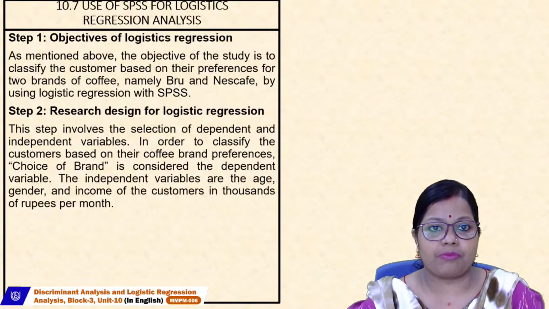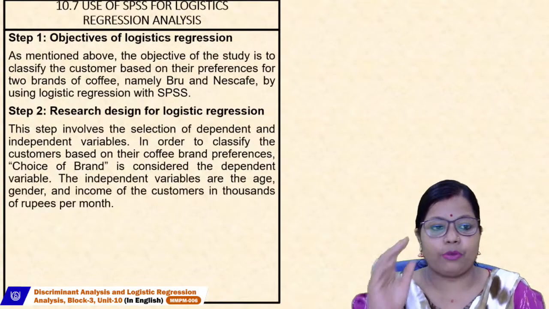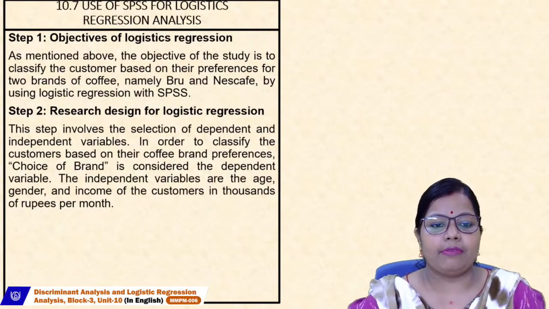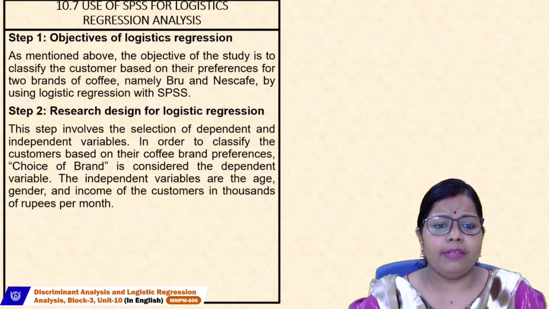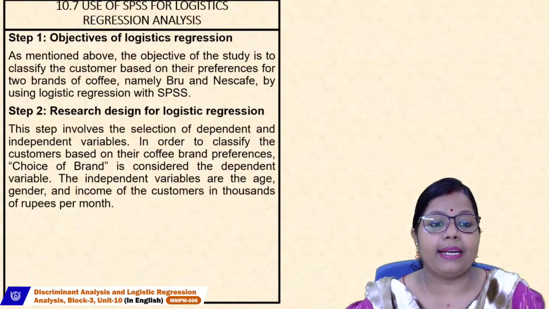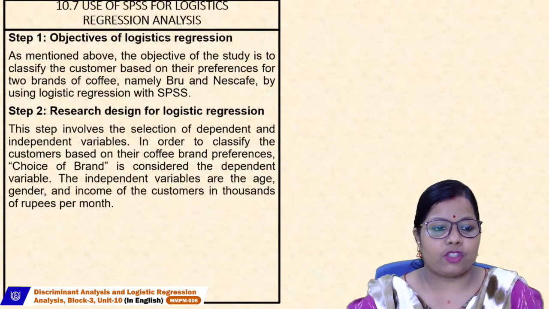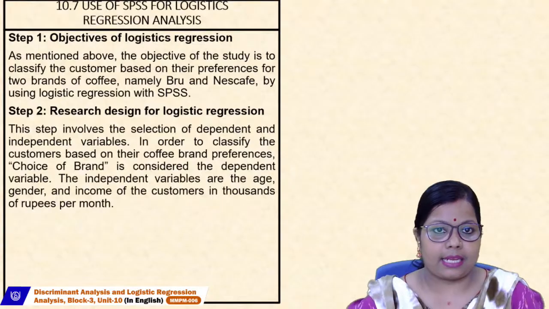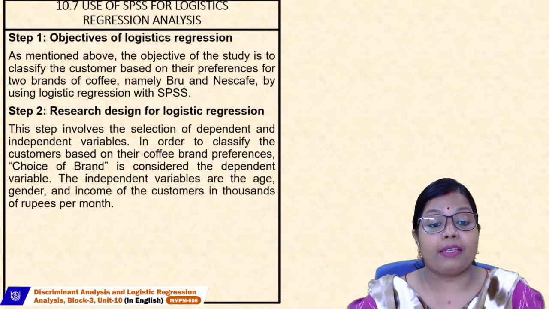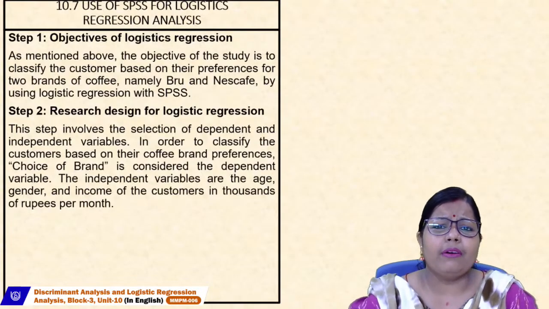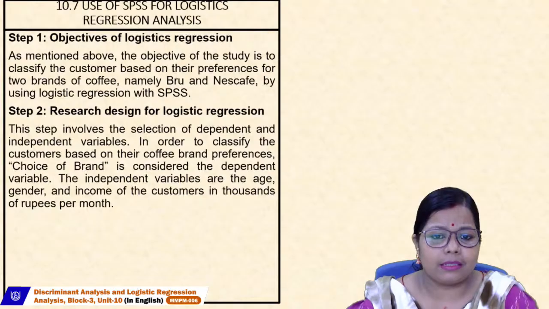After finalizing the objective, we will go to step 2, that is research design for logistic regression. In this step, we are selecting the dependent and independent variables under study. In order to classify the customers based on their coffee brand preferences, the choice of brand is considered as the dependent variable, but the independent variables are age, because as age increases, the taste may change.